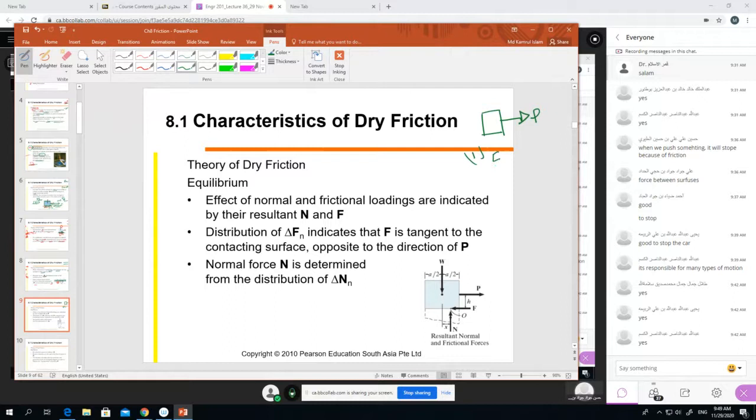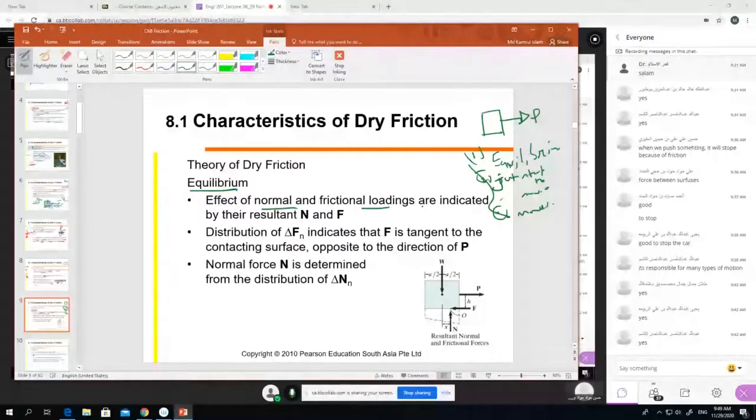One, it could be in equilibrium. Two, it just starts to move. Three, it is already moving. These three things can happen. So now we will discuss equilibrium.